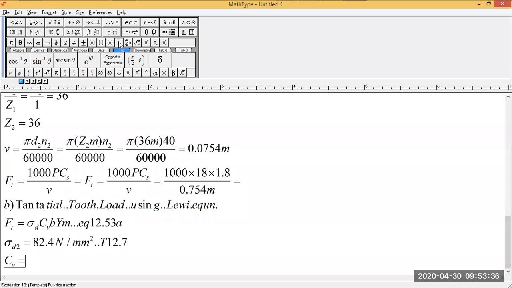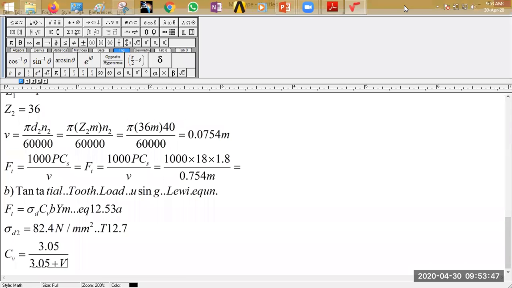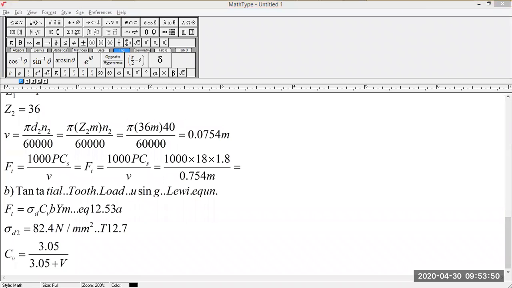So Cv is 3.05 over 3.05 plus v, small v. Velocity is known, therefore we can use 3.05 over 3.05 plus velocity v.